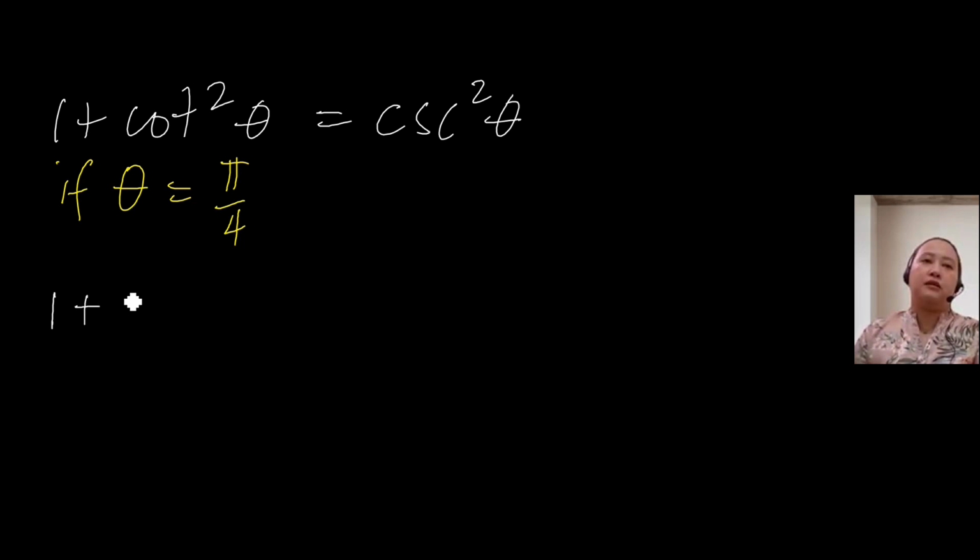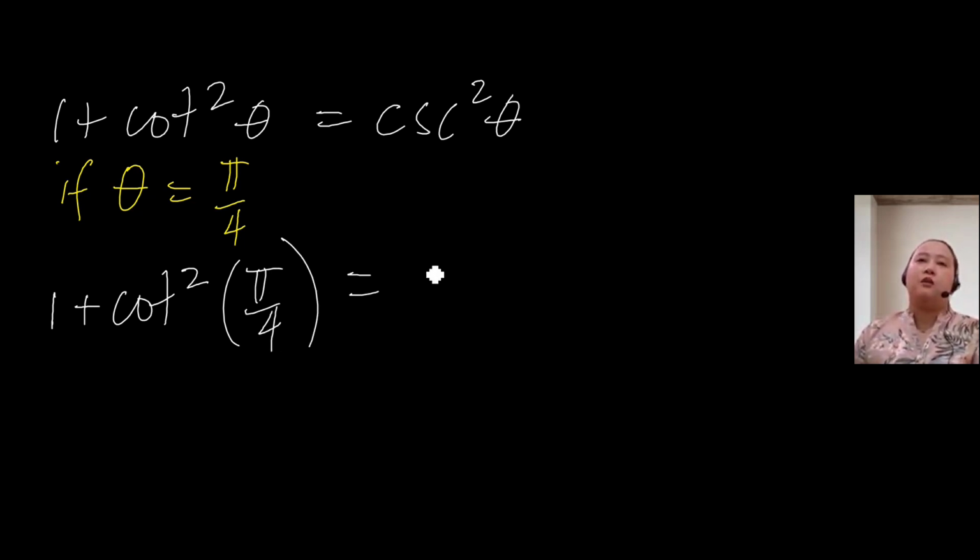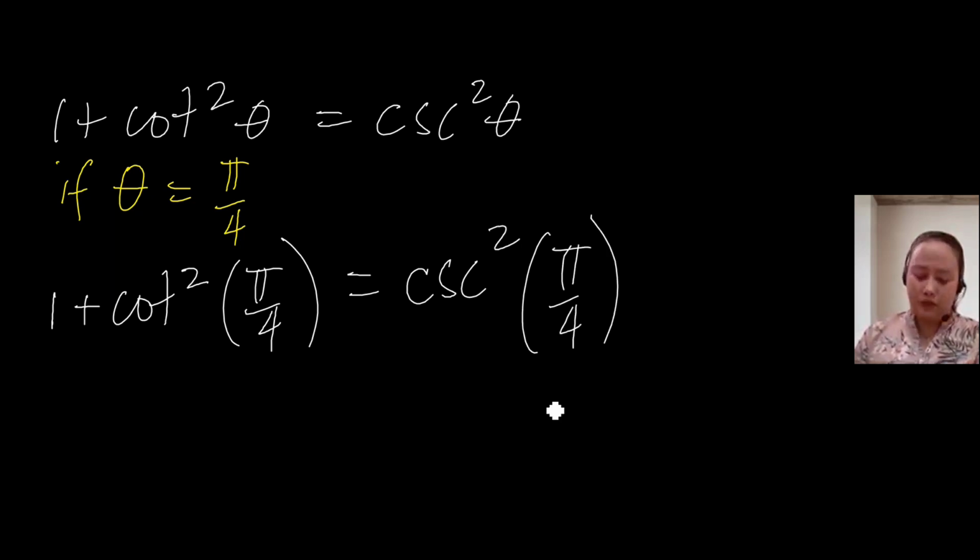So 1 plus cotangent squared of pi over 4, so that is our theta, equals cosecant squared of pi over 4. Same as what we did with the example a while ago.